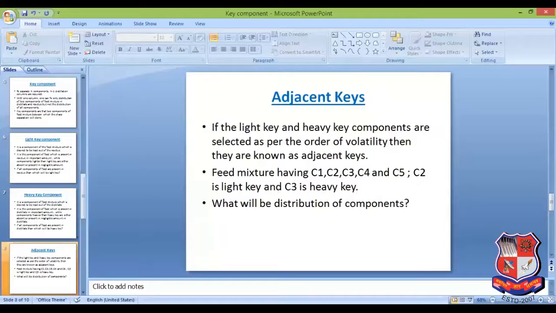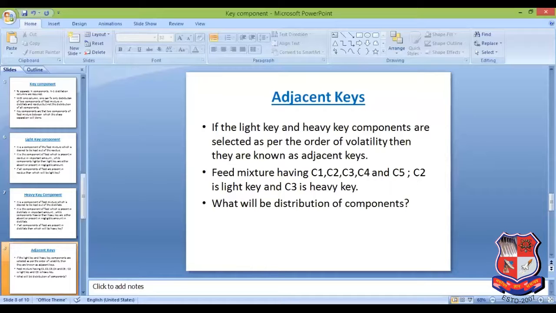Now we choose C2, that means ethane, as my light key, and C3, that means propane, as my heavy key, right? So this is the case of adjacent keys, because over here C2 and C3 are as per the order of their volatility, that means from lower boiling point to higher boiling point, right? So this is known as adjacent keys. That means there will not be any component in between them.